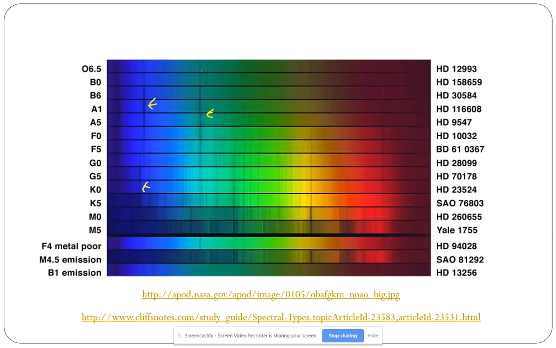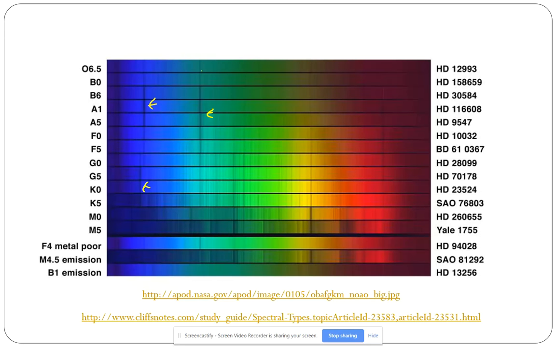Now, the ones on the bottom are a little confusing. Over on the left-hand side, we have the spectral classes. We have an O6.5. Because O represents a fairly large range of temperatures, scientists subdivide not just O, but all of the spectral classes into 0 through 9. So 0 is the hottest, 9 is the coolest.